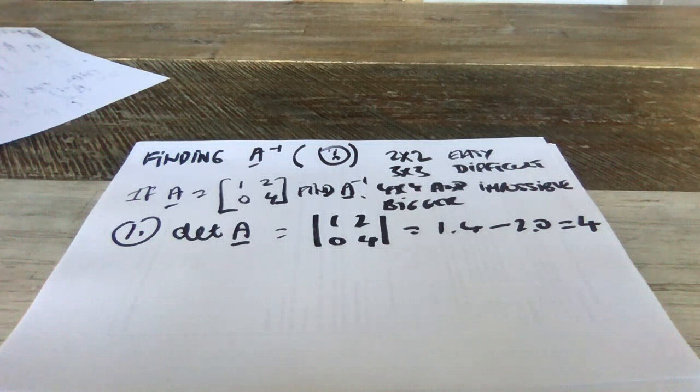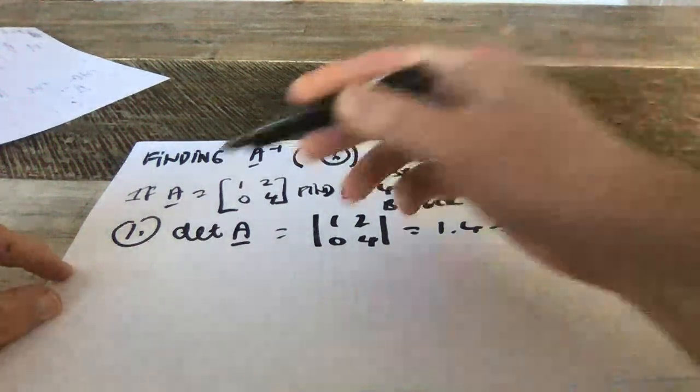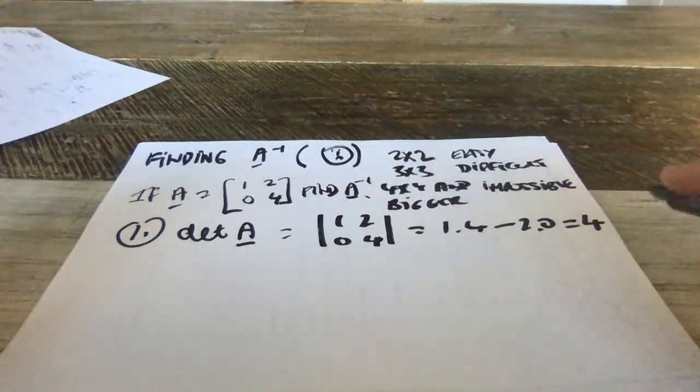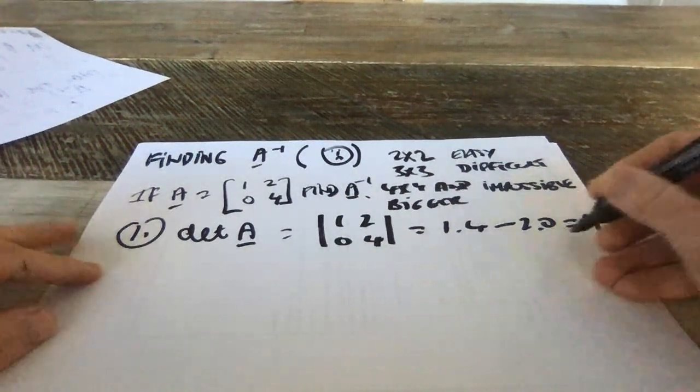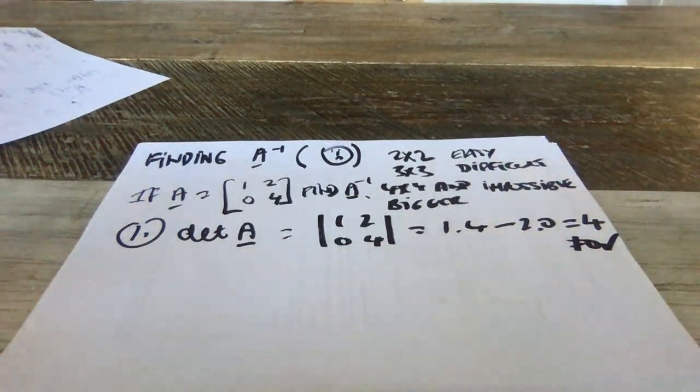So the determinant of A in this case is 4. And that's good. Remember we talked about this last day. The most important number for the determinant is 0. The determinant is either 0 or not 0. In this case, 4 is not equal to 0, which is great news for calculating the inverse.